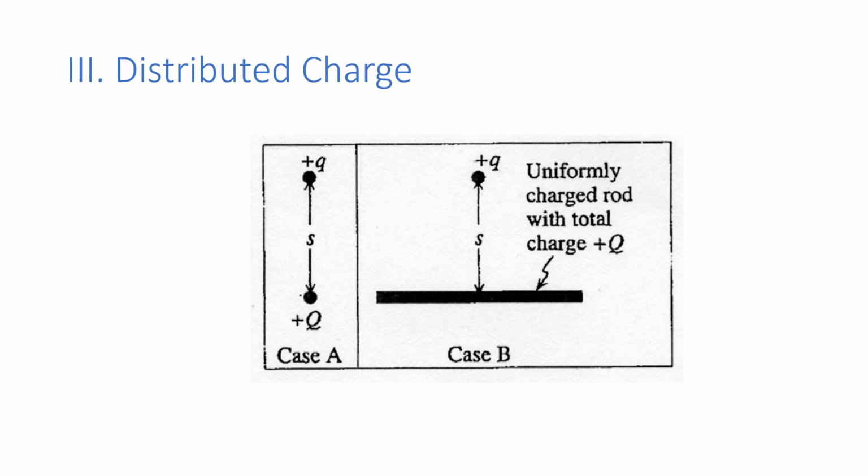As we go further away from the center and reach the edges, those charges will be even farther from the small q charge, so the contribution of those charges to the force is going to be less and less. If we compare with case A, case B will definitely have less force acting between them.